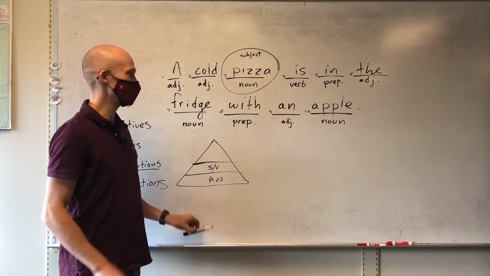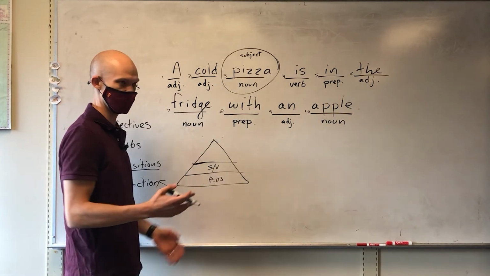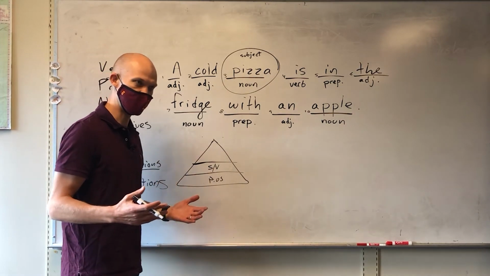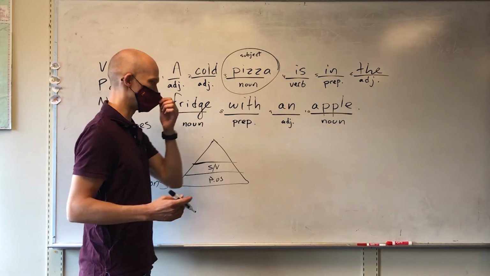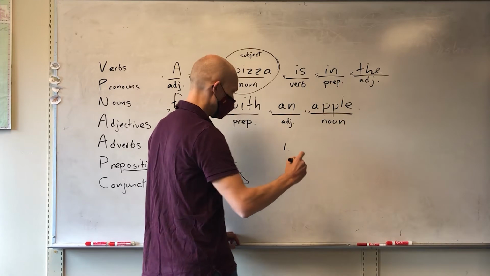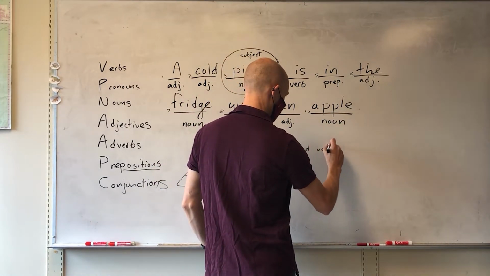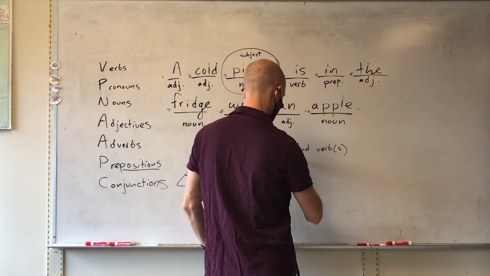Oh. Of course, it can be more complex than that because sometimes it's not very clear who or what is doing the verb. So when you're finding the subject and verb, step one, find the verb or verbs.